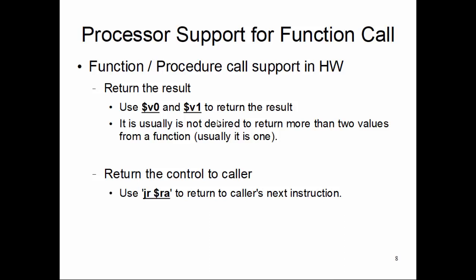So just a note, when we talk about control transfer and control going back to the caller, what it physically signifies is manipulating your program counter register. Remember, the program counter stores the address of the next instruction to be fetched. That is its purpose. So JL and JR both manipulate your program counter.